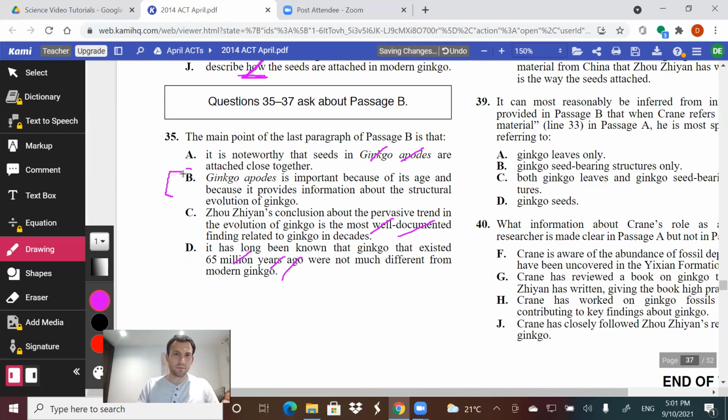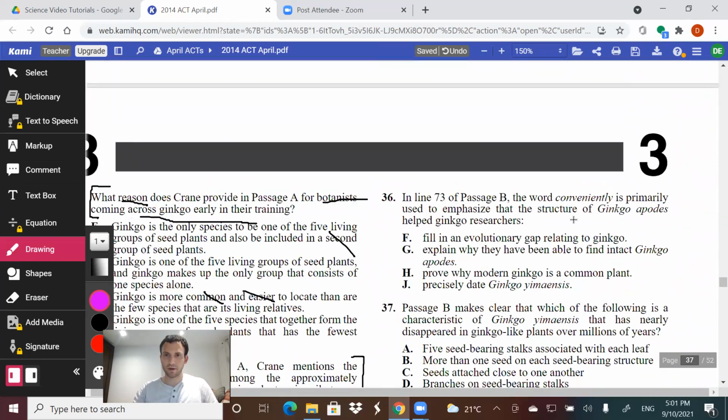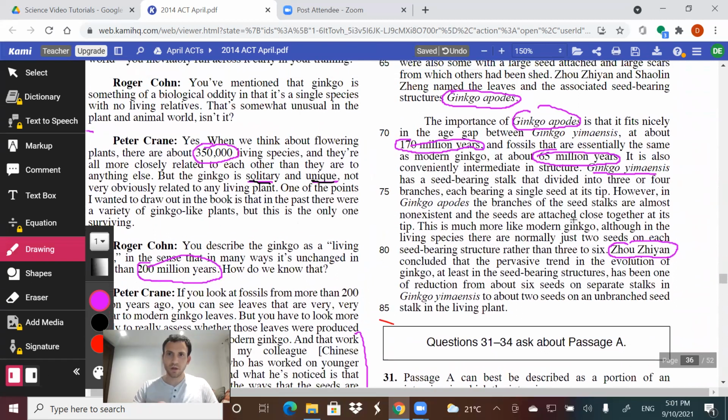So it's probably going to be the second one, but let's make sure we can prove it. So the last paragraph says, the topic sentence is the importance of this intermediate ginkgo is that it fits nicely in the age gap between the ancient ginkgo 170 million years ago and fossils that are essentially the same as the modern ginkgo about 65 million years ago.